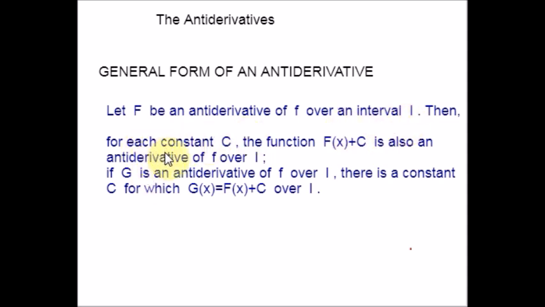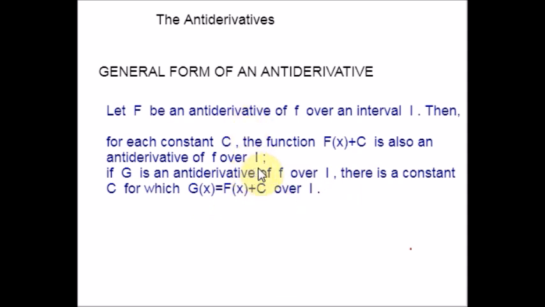First, for each constant c, the function F of x plus c is also an antiderivative of the function f over the interval I. The second point is, if G is an antiderivative of the function f over the same interval I, then there is a constant c for which the function G of x is defined as F of x plus c over the interval I. You can also say this in other words: the most general form of the antiderivative of the function, I mean the small f, over the interval I is F of x plus c. Hope you are clear with this general form.